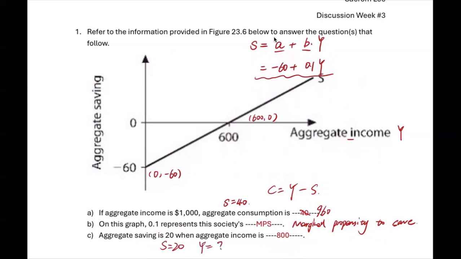And you already know their relationship is here, right? So when we look at this question, always the first step is to get the linear form, the linear relationship between the aggregate saving and aggregate income. Then you will know all the following information. Okay.